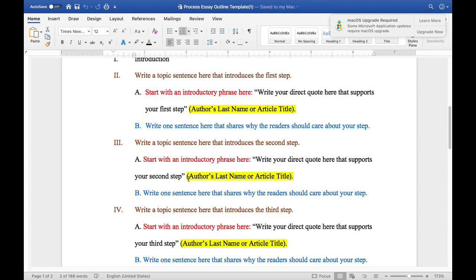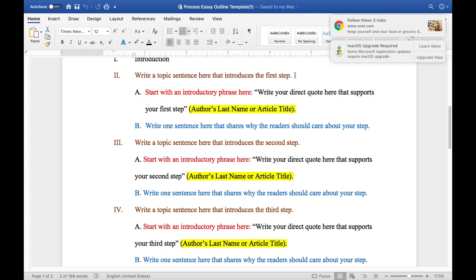And you can see I have this color-coded here to help you follow the color-coding steps we did when we did our paragraphs. Because if you do this outline correctly, you can use this to start your actual body paragraphs this week as well. Okay, so right here I'm going to put in beside 2, 3, and 4 the 3 steps that need to be taken in order to become financially successful.